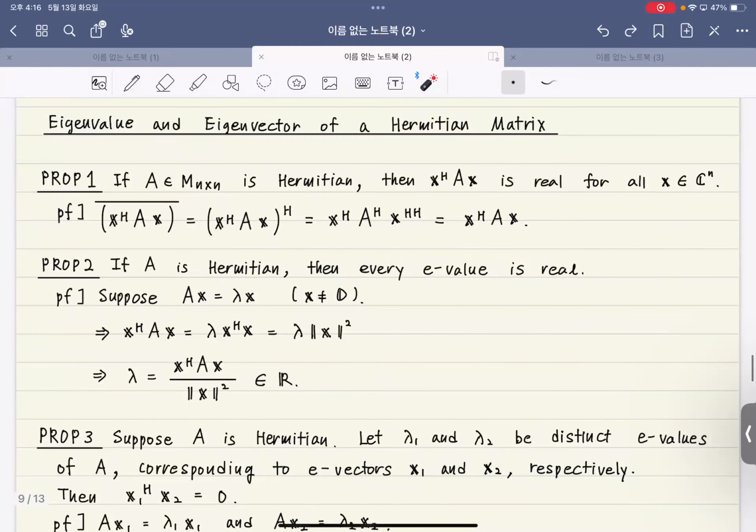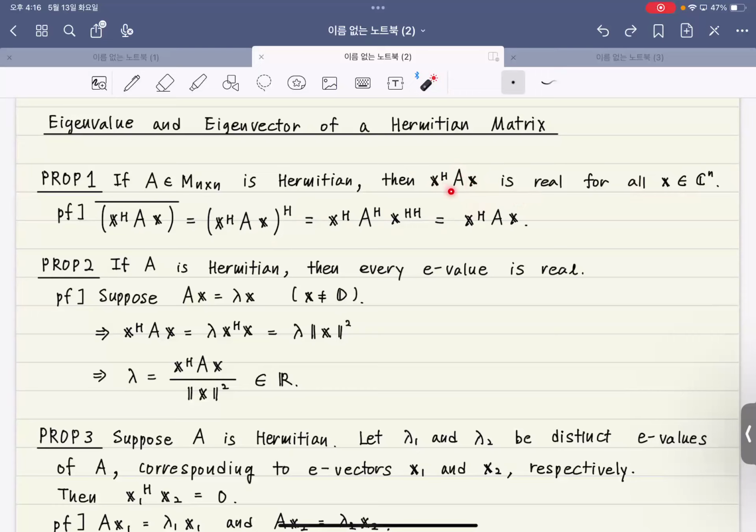Proposition number 1. I have an n by n square Hermitian matrix A. Then, for any complex n by 1 column vector x, x Hermitian times A times x is a real number for all x.